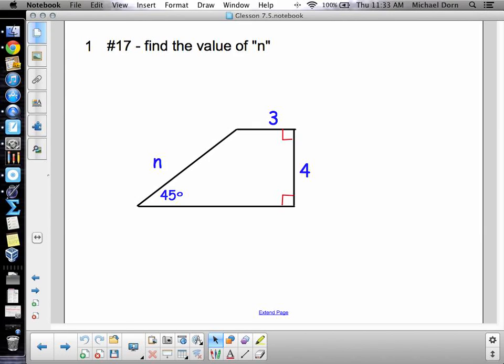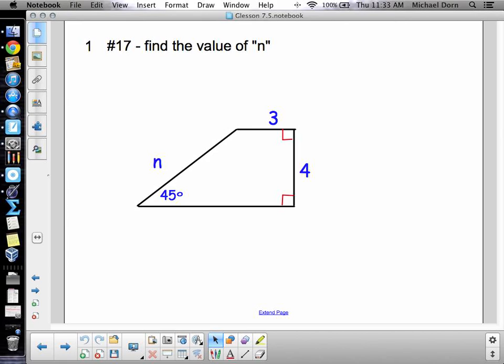But some of you just don't know those special triangles yet, and that's an issue. We've got to learn those triangles, because we're going to be doing this stuff with 30, 60, 90, and 45, 45, 90 and right triangles. Everything is going to break into right triangles all year long.